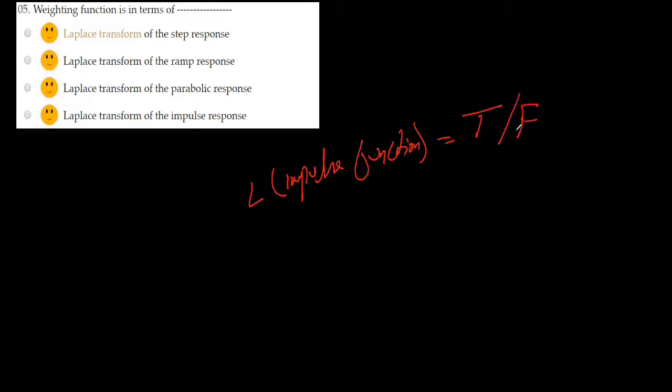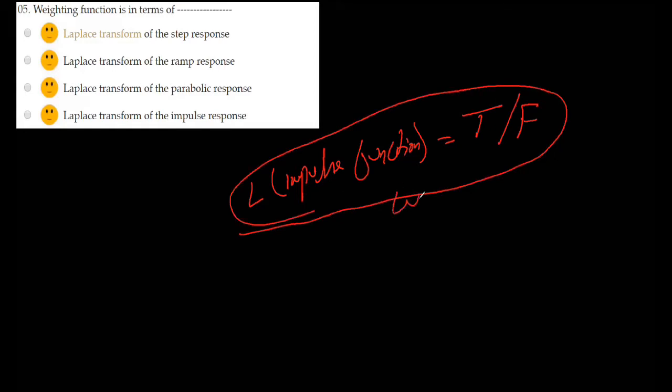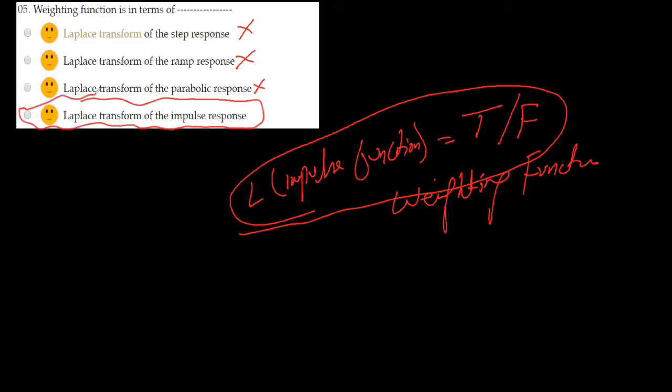So the transfer function in terms of the Laplace transform of impulse response is known as the weighting function. So weighting function is in terms of Laplace transform of step response? No. Laplace transform of a ramp response? No. Laplace transform of a parabolic response? No. Laplace transform of an impulse response? So option D is the correct answer.